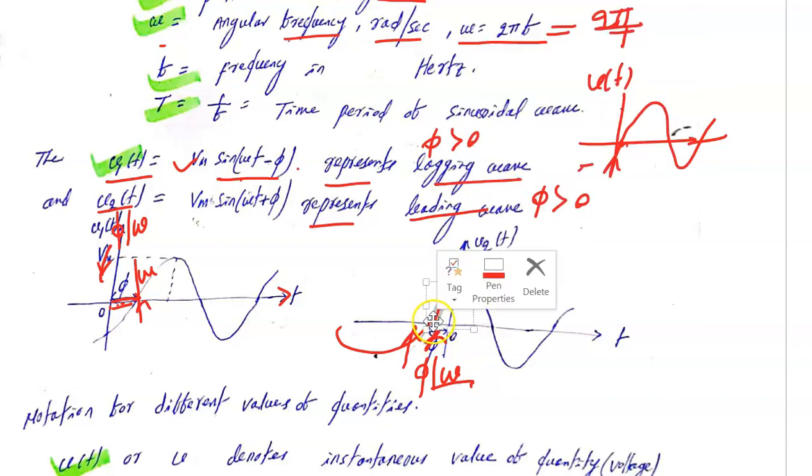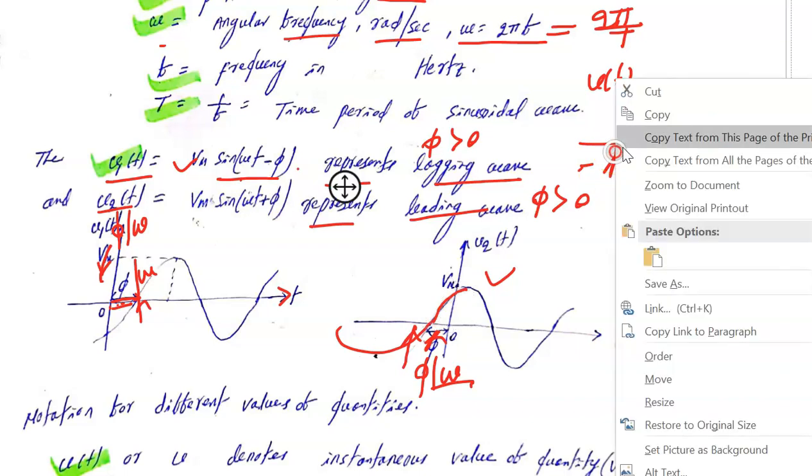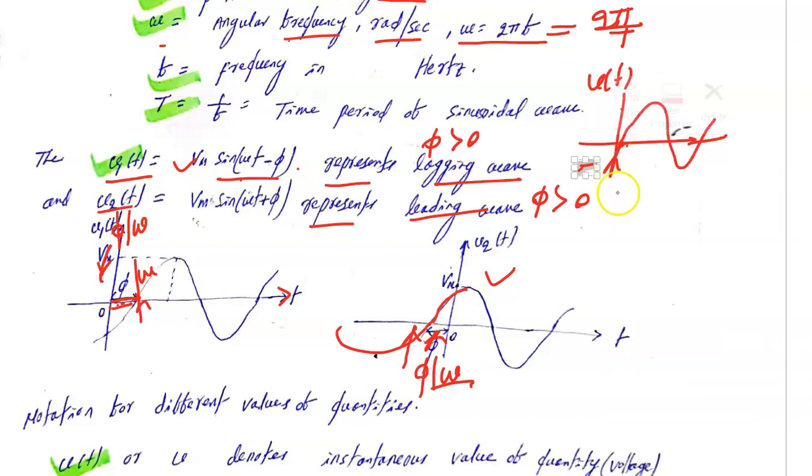If you compare it with the reference, you can see that this is led by an angle of phi, where phi equals omega times the time advance.